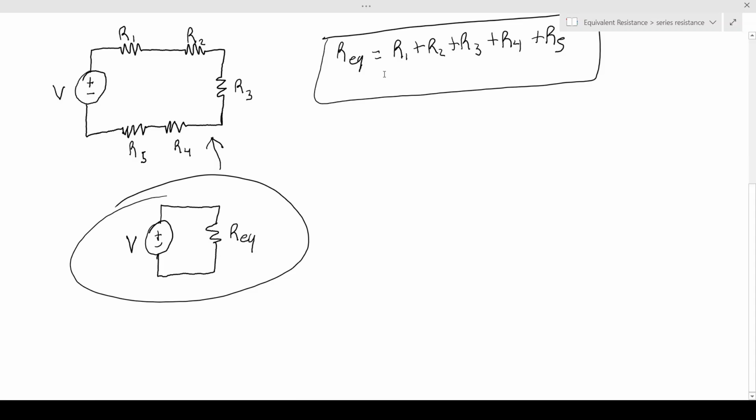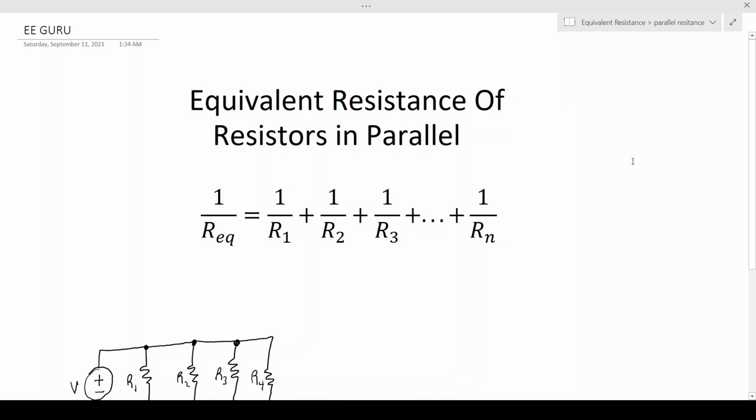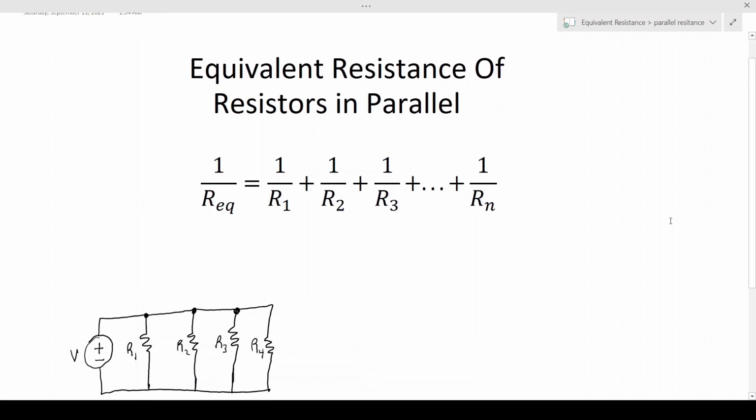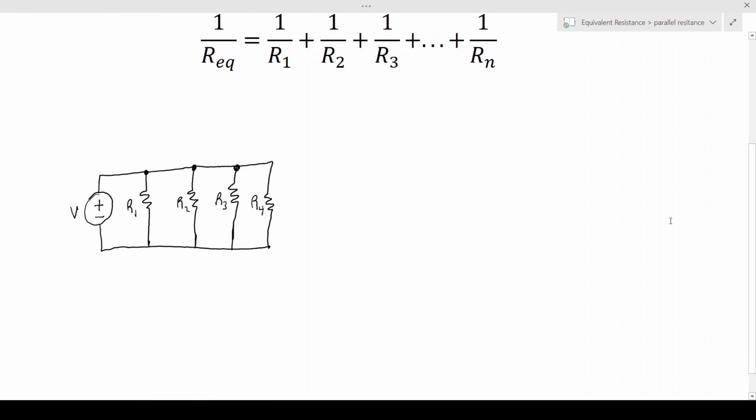Moving on to parallel circuits. What we need to know about resistors in parallel is that 1 over their equivalent resistance is equal to the summation of 1 over their individual resistances. If we take a look at the circuit on the left, we see that we have 4 resistors in parallel.